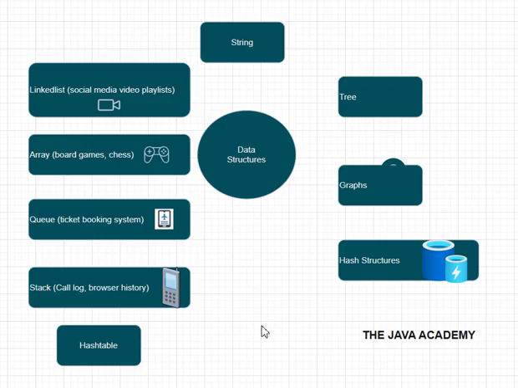Then aside from that, learning data structures and algorithms allows you to efficiently implement whatever project you are working on. So take for example, look at linked list here. It's an efficient way of handling your social media videos, your video playlists, and so on. It allows you to keep a connection to the previous videos, to the next videos, and then the current video.